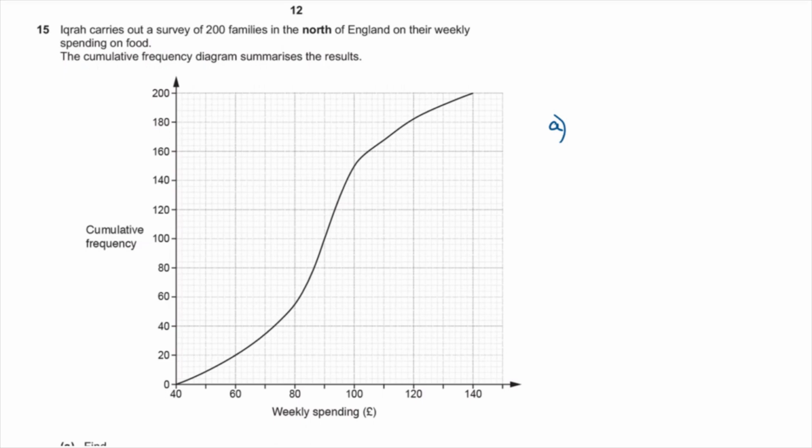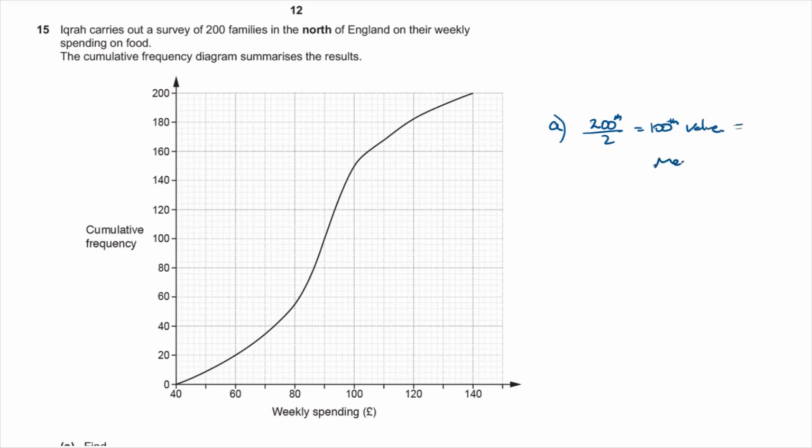Now I've got 200 people. Strictly speaking, I should add 1 and divide by 2, but with this sort of scale it doesn't really matter. I might as well just use 200. So the 200th divided by 2, which is the 100th value. What's that equal to then?